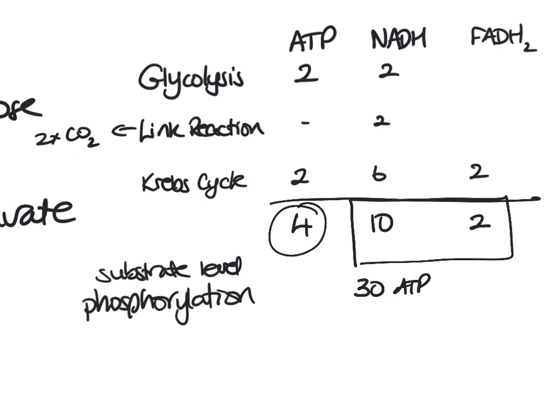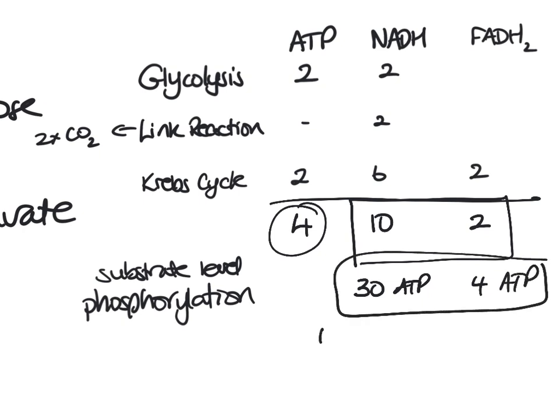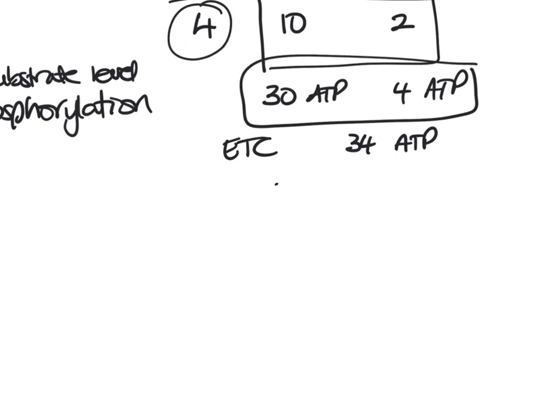For every FADH2, how many ATP molecules? 2. So that's going to give us 4. So from the electron transport chain, we're getting 34 molecules of ATP. We say that is by oxidative phosphorylation.